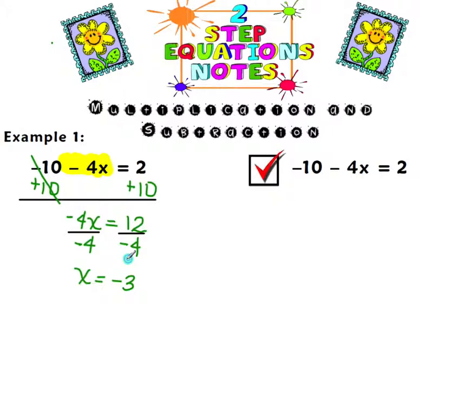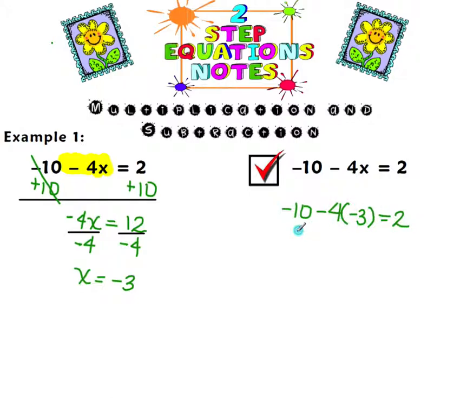We can still go through and check our work to make sure that we worked this equation out correctly. So we can plug our value in for x into the equation. So -10 minus 4, our x value we found to be -3 equals 2.